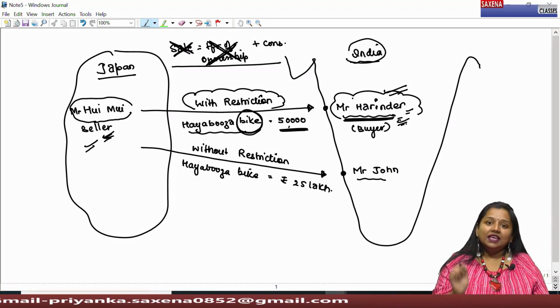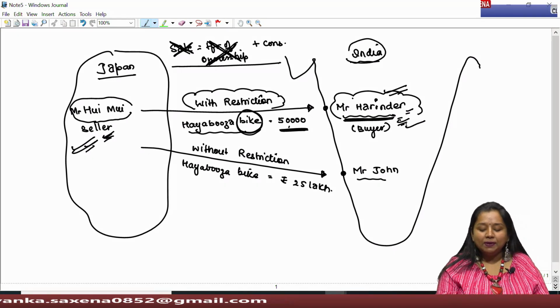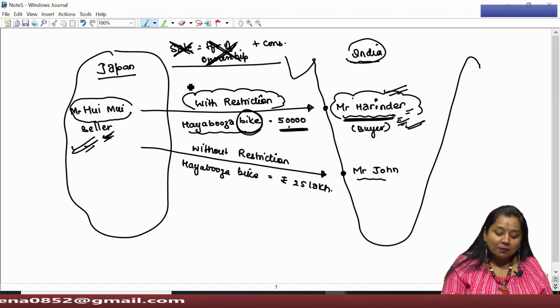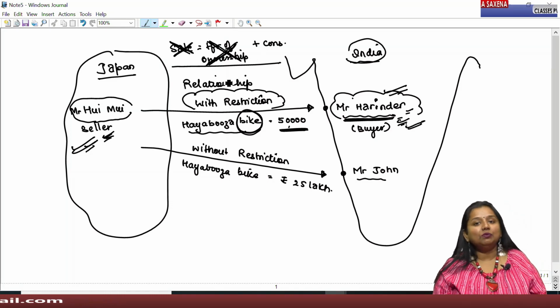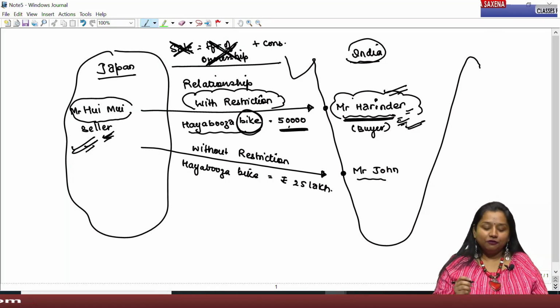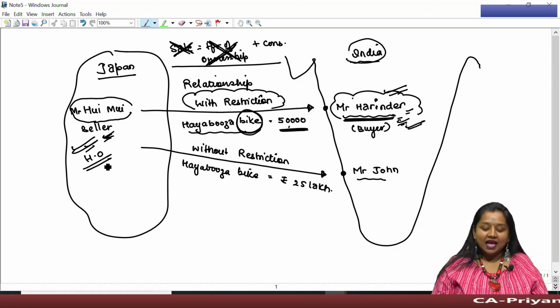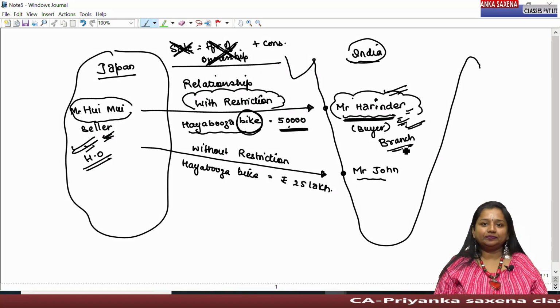And if even without sale, goods are being transferred from one place to another place, then always assume that there must be some relationship between them due to which goods are moving between them. For example, I could say that Mr. Huimui belongs to the head office of a company and Mr. Harinder becomes the branch in charge of that company in India.